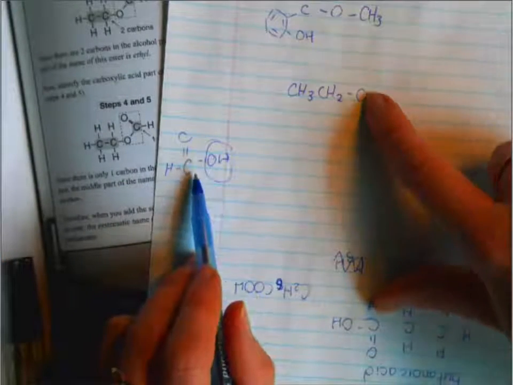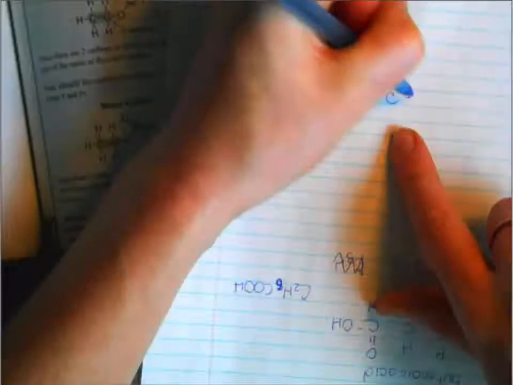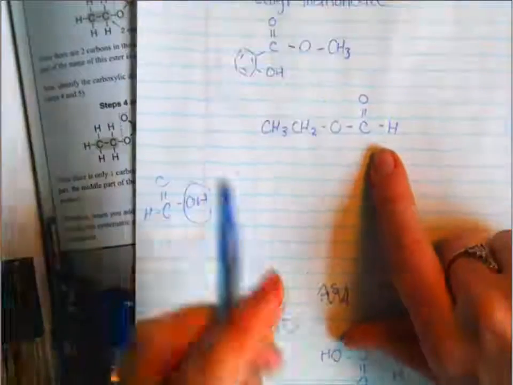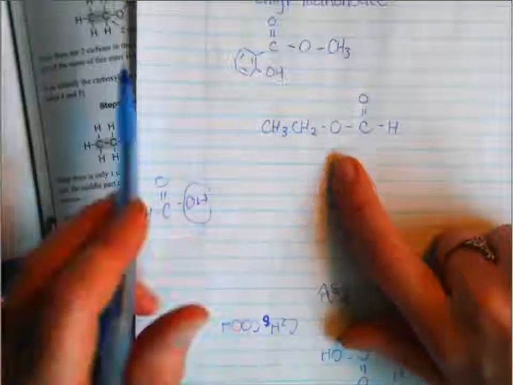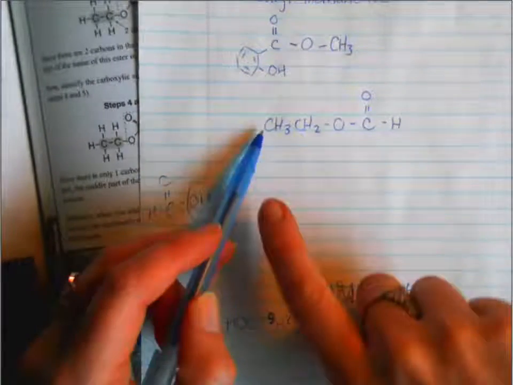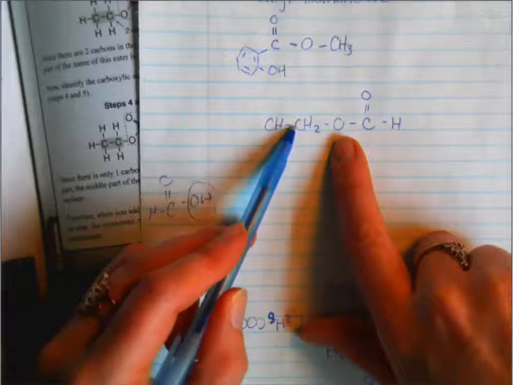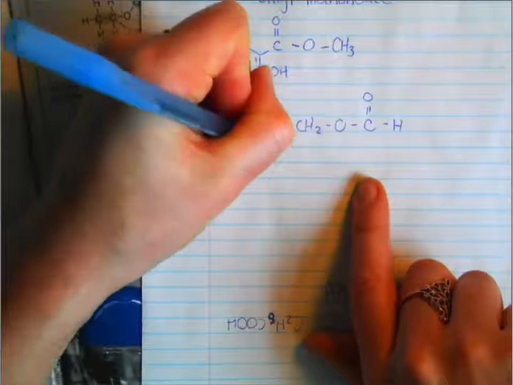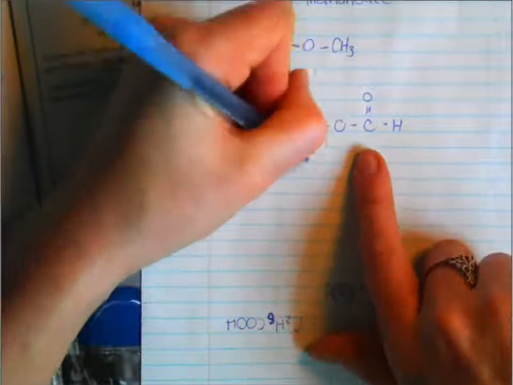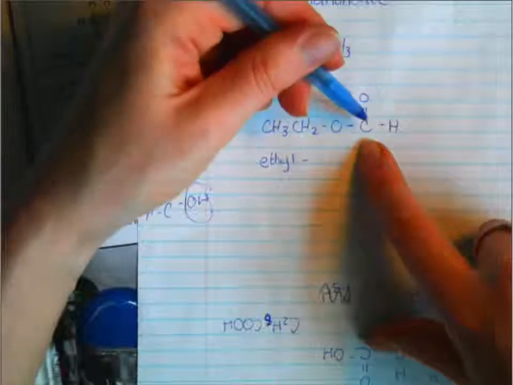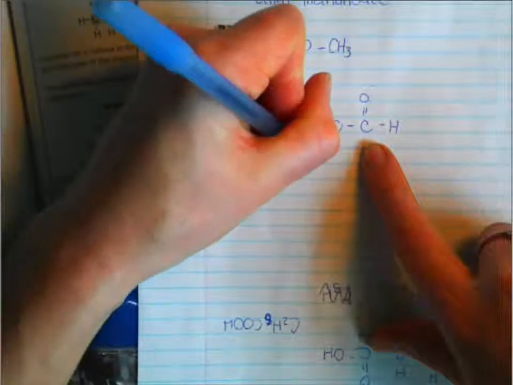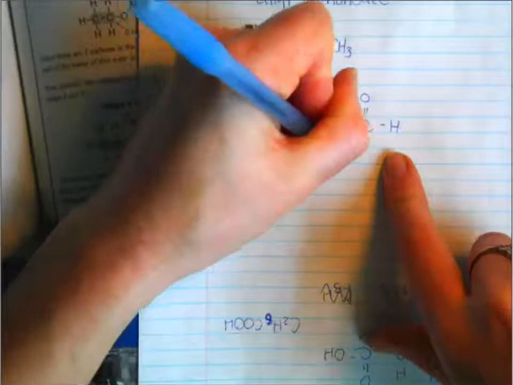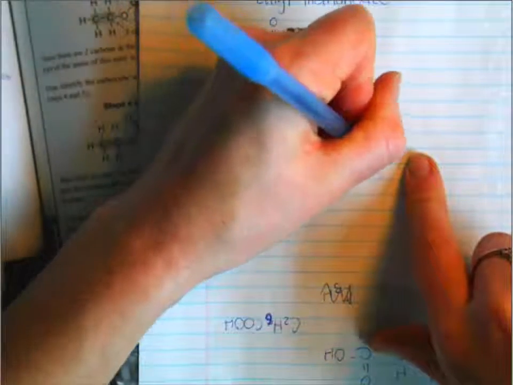So now this oxygen is going to be directly linked to this carbon, which has a double bonded oxygen and a hydrogen on it. And so now if we wanted to name this, we could say, first name your alcohol group, methyl. And then we only have one carbon here, so methanoate. Okay.